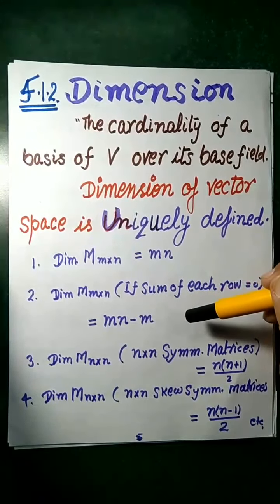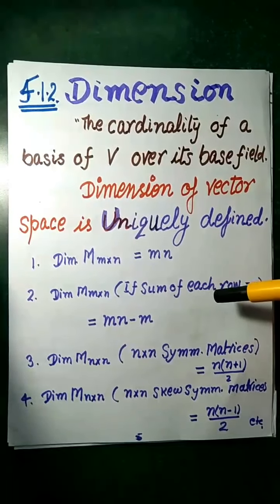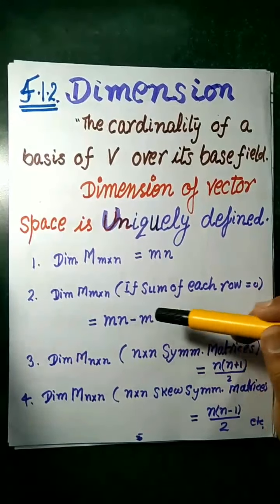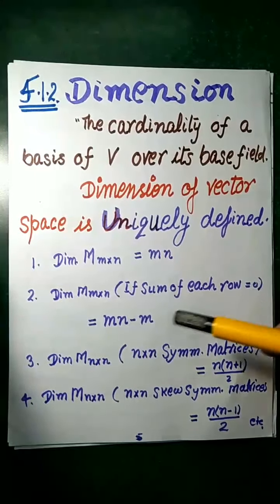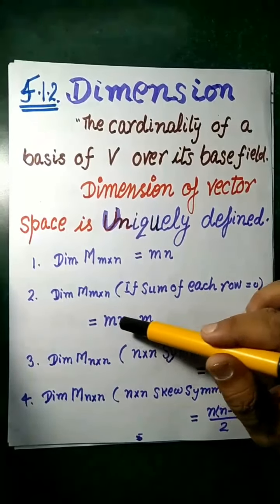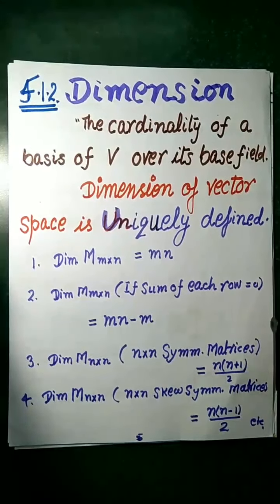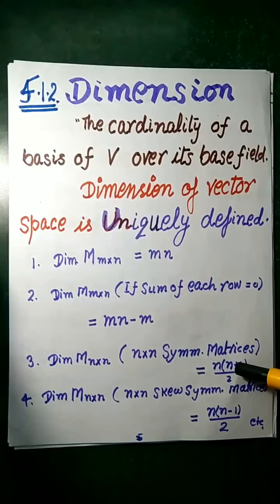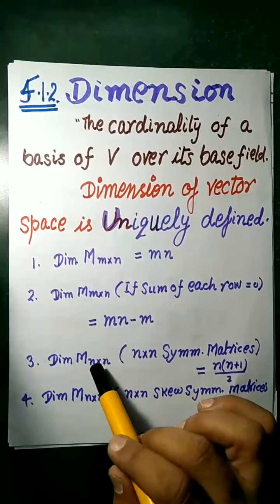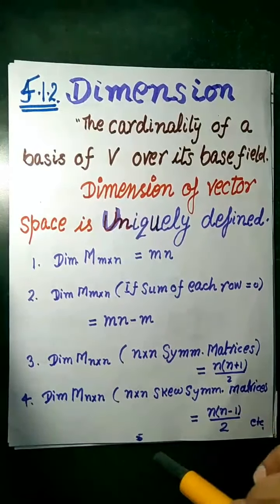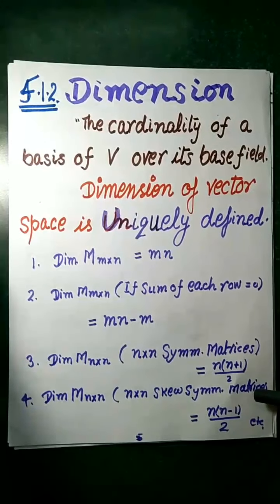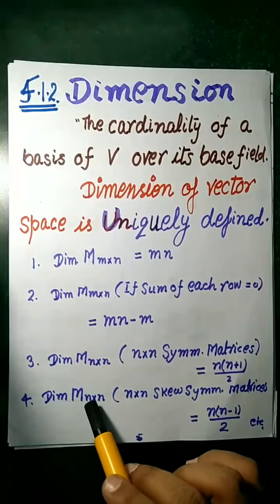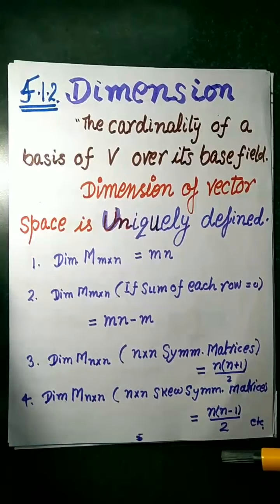Now some restrictions or conditions may be applied, then what will be the dimension? For m by n matrices where the sum of each row is 0, the dimension is mn minus m. The dimension of square symmetric matrices will be n(n plus 1) upon 2. The dimension of square skew symmetric matrices is n(n minus 1) upon 2, because we are taking n by n matrices.